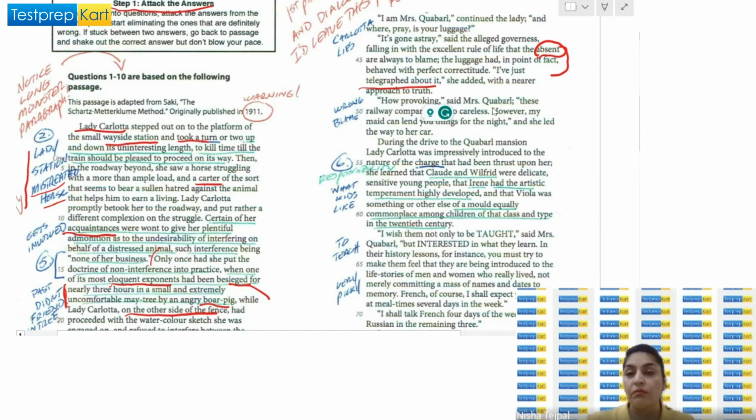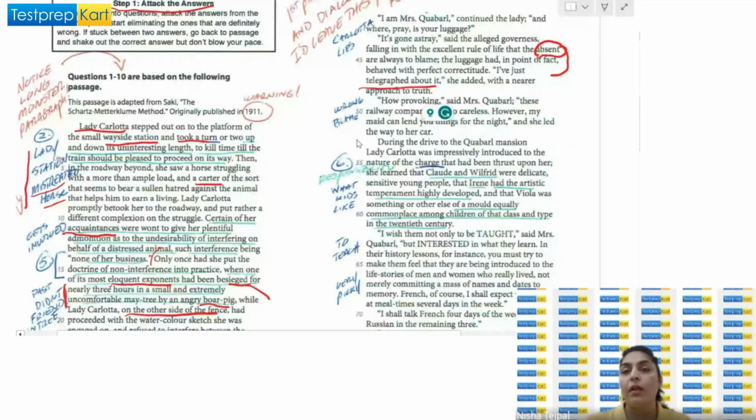Provoking means how irritating it is. Losing your luggage on the way is quite irritating. "These railway companies are so careless. However, my maid can lend you things for the night," and she led the way to her car.